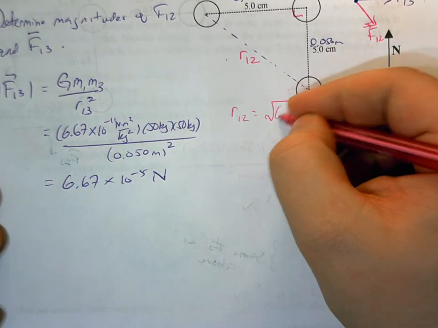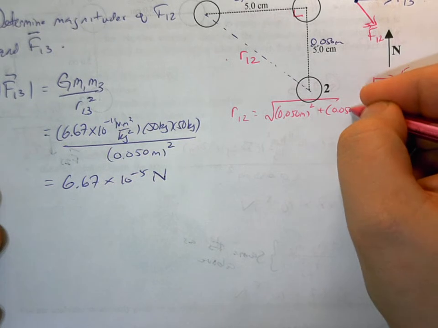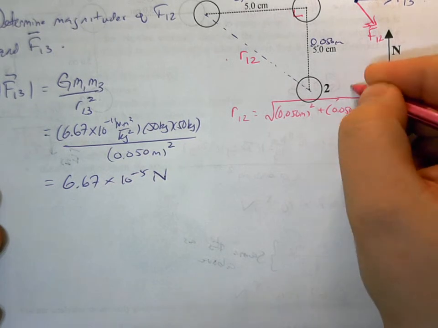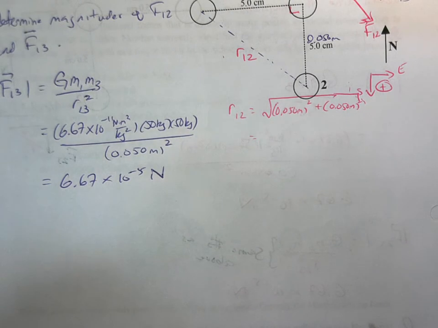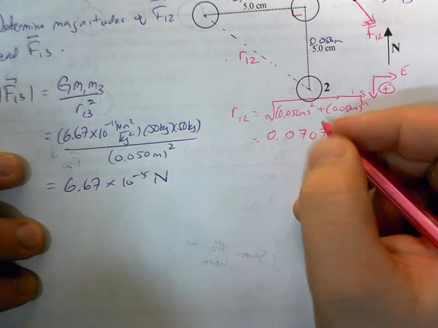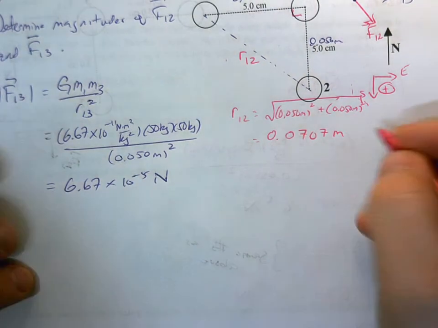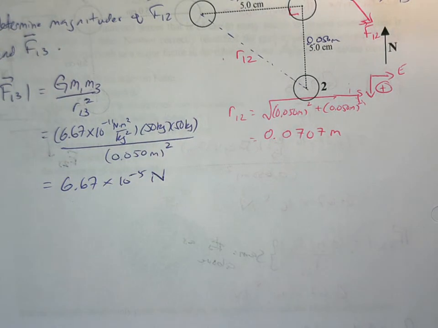So we're going to have that 0.050 meters squared plus that 0.05 meters squared. So we do that, we'll get about 0.0707 meters. So that is the distance along this line here.